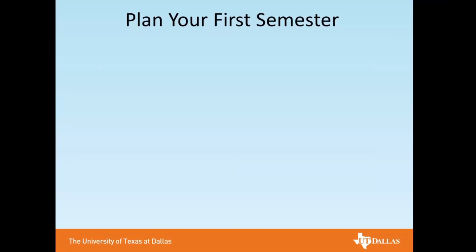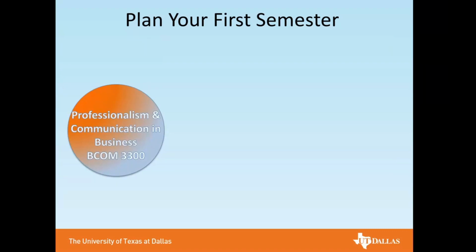Let's go ahead and plan your first semester. To build your first semester schedule, you always want to start with BCom 3300, which is Professionalism and Communication in Business. Then you're going to select the appropriate math course.